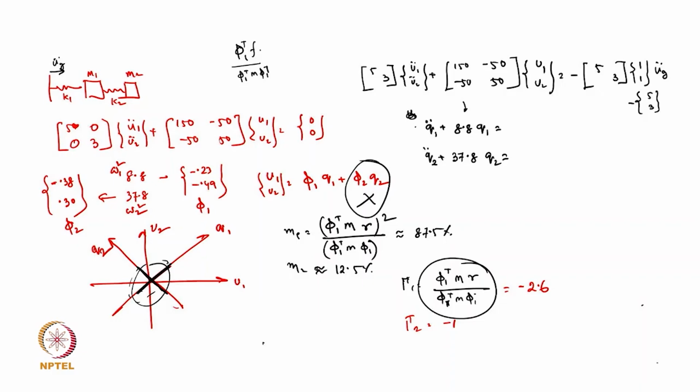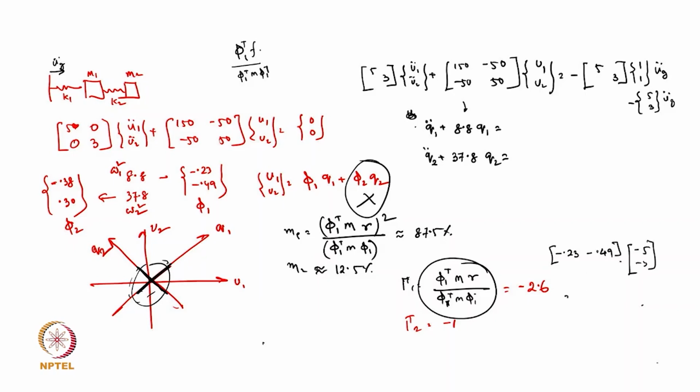So that 5 and 3, you are multiplying with the UG double dot, obviously. But UG double dot is just varying with time. That is the same way it will vary, not a problem. Now, you are multiplying with phi 1 transpose, that means minus 0.23, minus 0.49. You are multiplying this one with minus 5, minus 3.